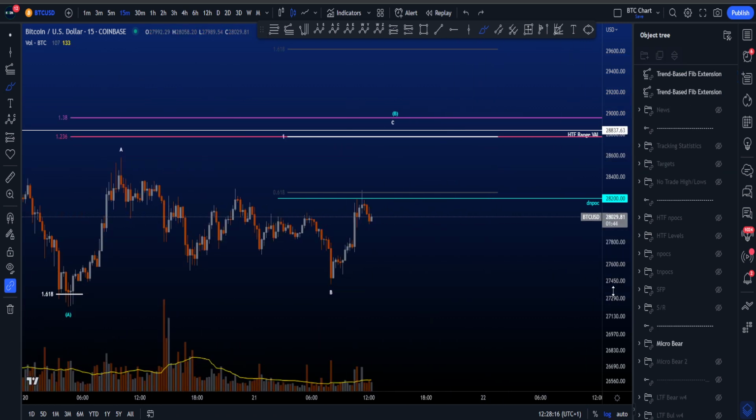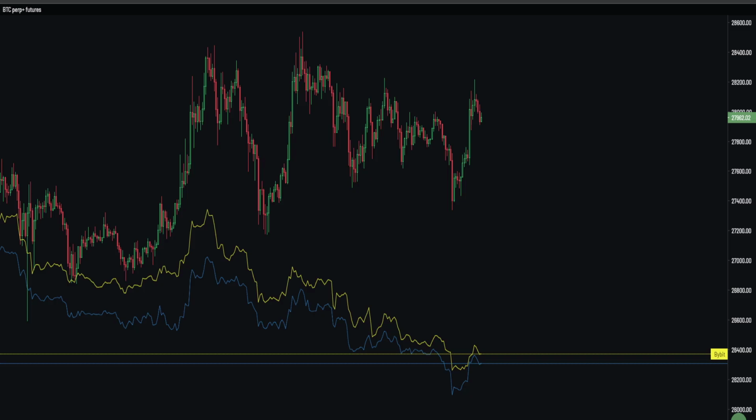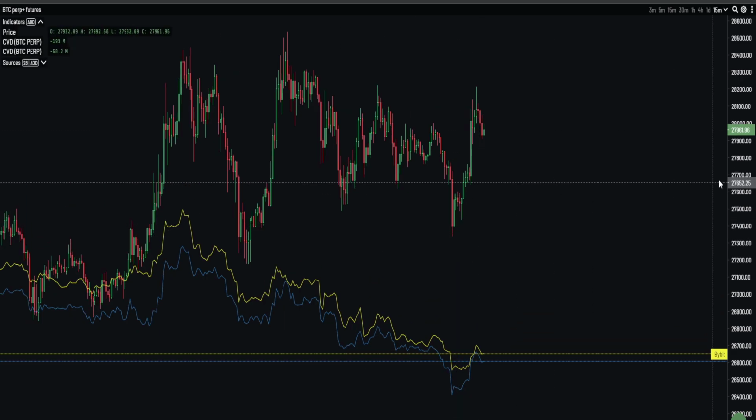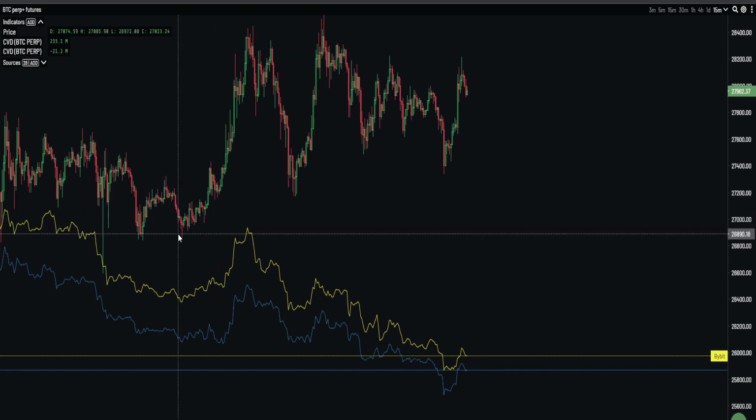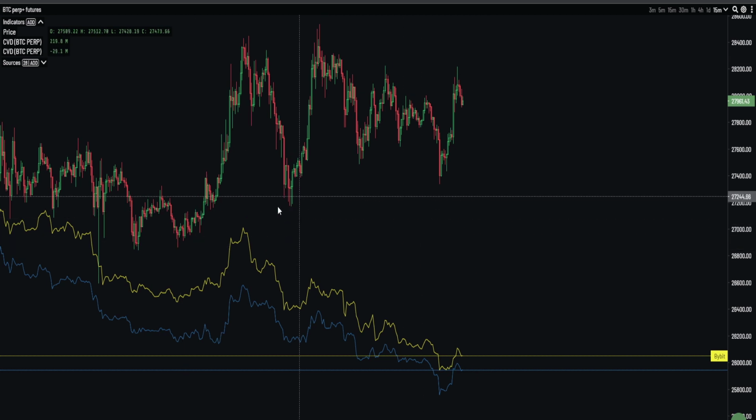So currently working then on potentially this wave C. I think it's important to note we still have these bullish divergences that did not yet play out. What you can see is over here we create a higher low and then again a higher low. So the confluence between these lows over here, a higher low and then a lower low on the CVD already played out because we took the high.